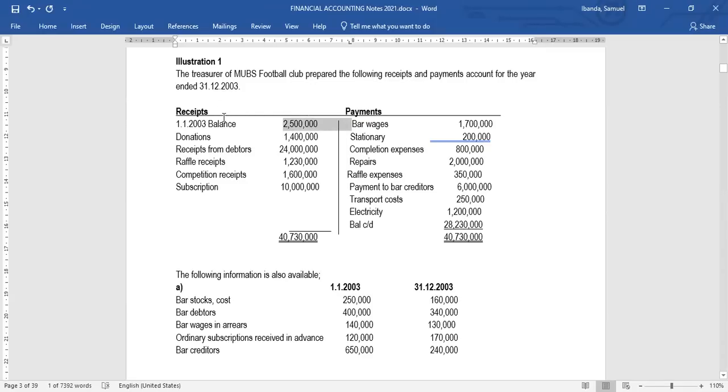This is my cash and bank balance. Remember, this is like a cash book, so even the balance on your bank account is part of your assets.